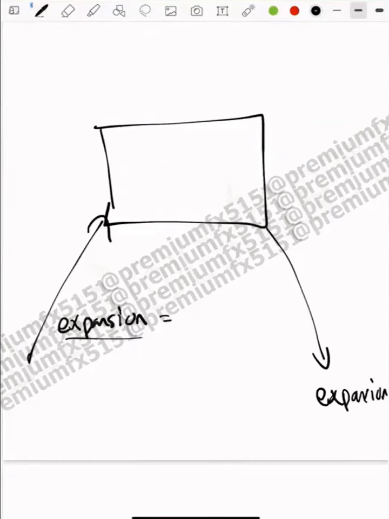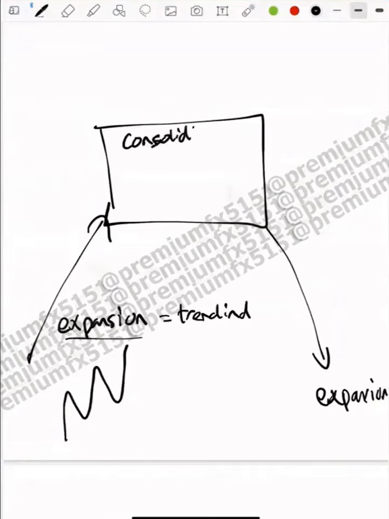Expansion is simply when the market is trending, when you're moving with purpose. Now, when you're in consolidation, consolidation is simply horizontal movement. We're moving laterally as opposed to moving with intent.